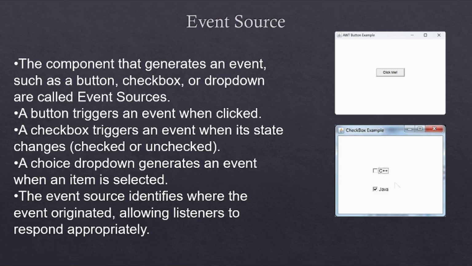Turning on the state of one of these checkboxes becomes the event, and the checkbox itself becomes the event source. So here a button triggers an event when clicked, and a checkbox triggers an event when its state changes. The event sources identify where the event originated, allowing listeners to respond appropriately. This means that the event sources let the listeners know where the event is being generated so it can be handled properly.